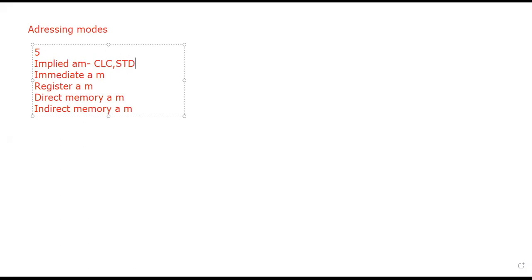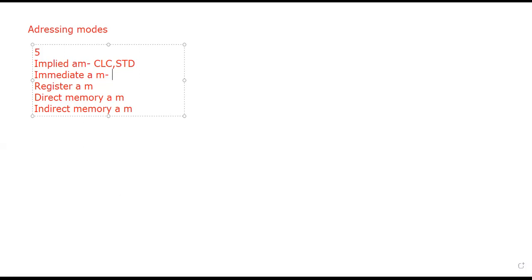Such instructions describe their own purpose. We don't need any other operand or register in this. This kind of instruction is known as implied mode. Okay, this is the very basic, initial one.